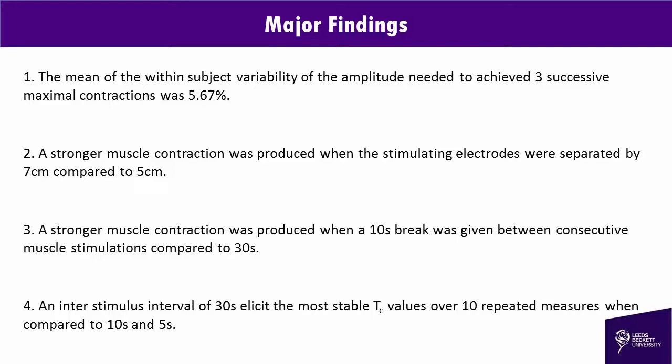We're also getting a stronger muscle contraction, here I'm talking about muscle displacement, when I'm using a 10-second break compared to a 30-second break. And that 30 seconds is giving us the most stable result in contraction time if you're doing a repeated measures experimental design, which is what I often use.